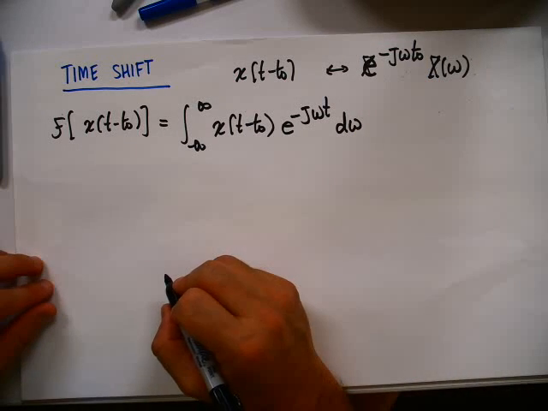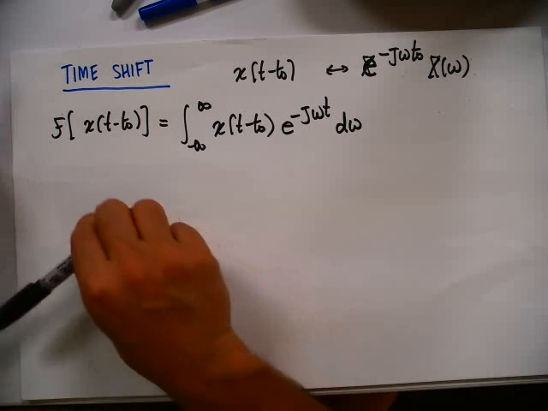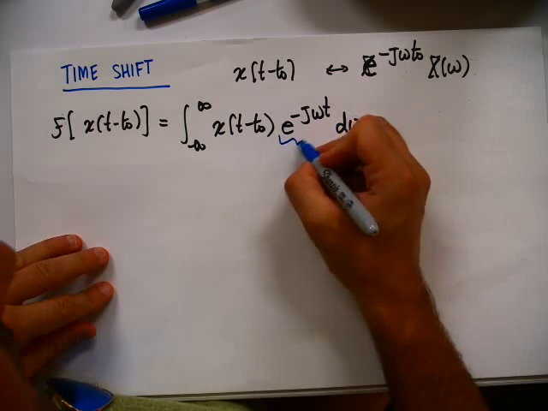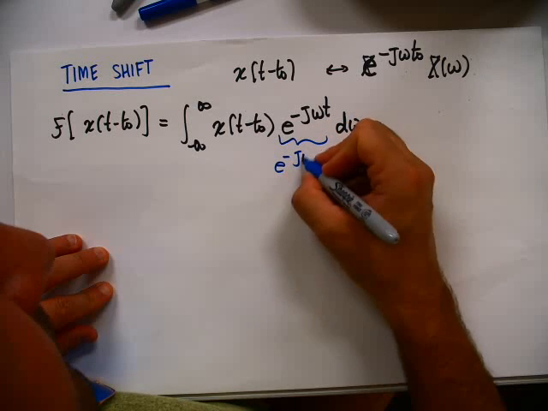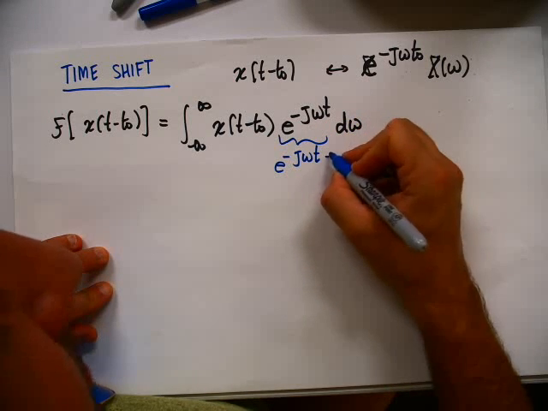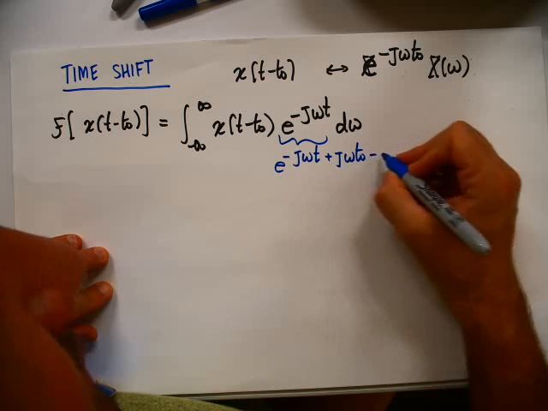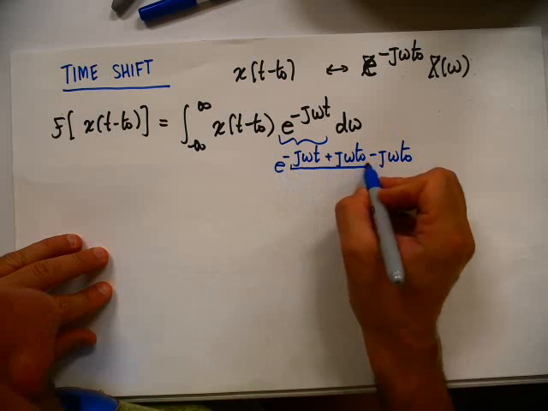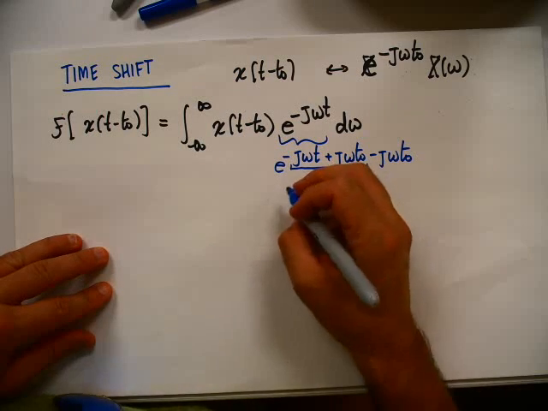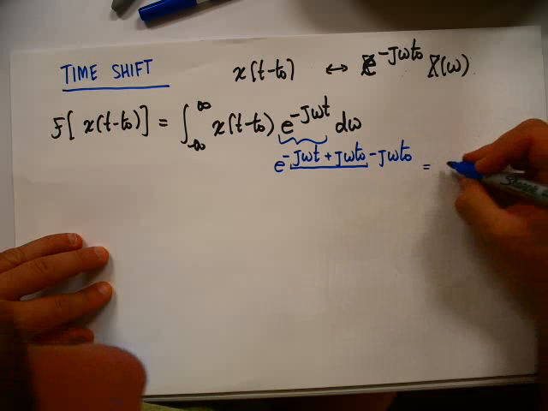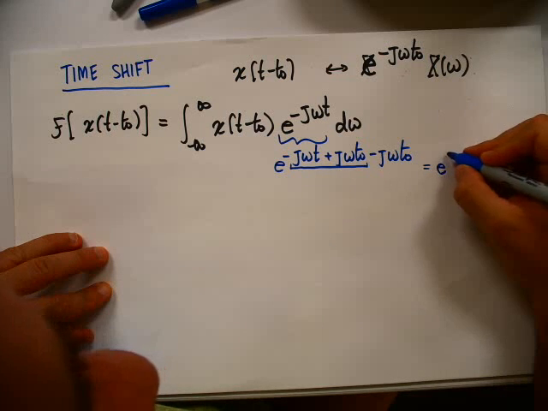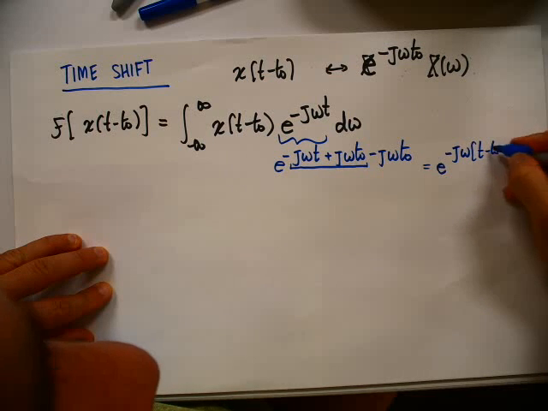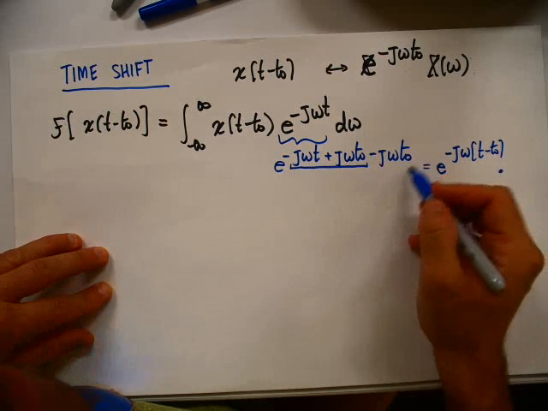Now I can manipulate this expression, and I can add and subtract j omega t naught. By doing this, I can bring these two things together and rewrite this as e to the minus j omega times (t minus t naught), times this contribution, which I can bring outside.